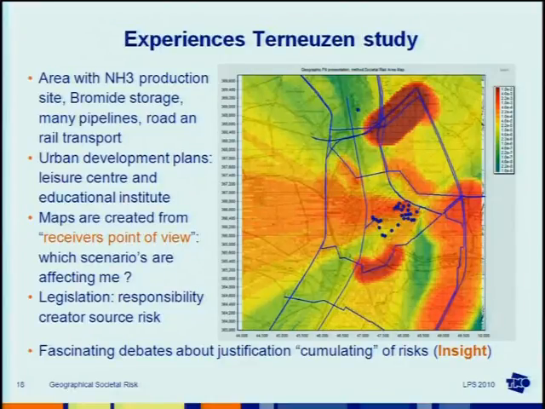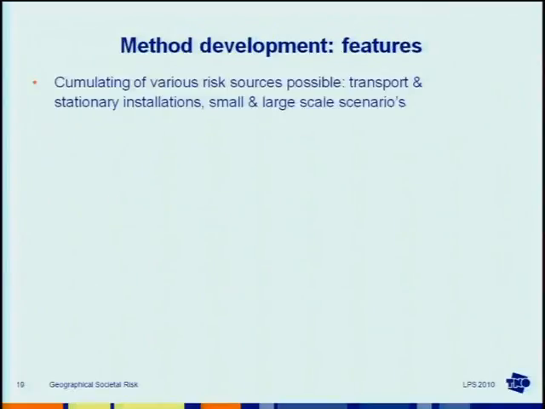But these maps triggered fascinating debates about whether it is correct to accumulate risk coming from more than one source, in this case from more than one pipeline, even if they were in the same lane. One is used to taking only the owner of the creator as responsible. Again, a lot of insight was created here.